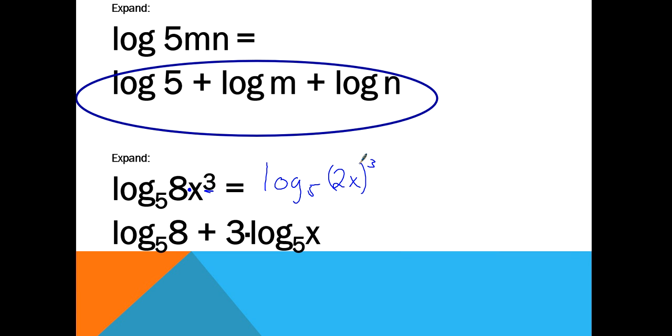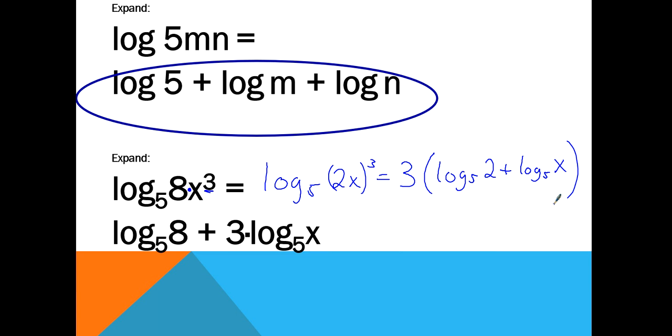So if I rewrote it as 2x cubed, when I expanded it, it would actually look like this. So the way it looks when it starts off kind of gives you an idea of the way it's going to look when you finish.